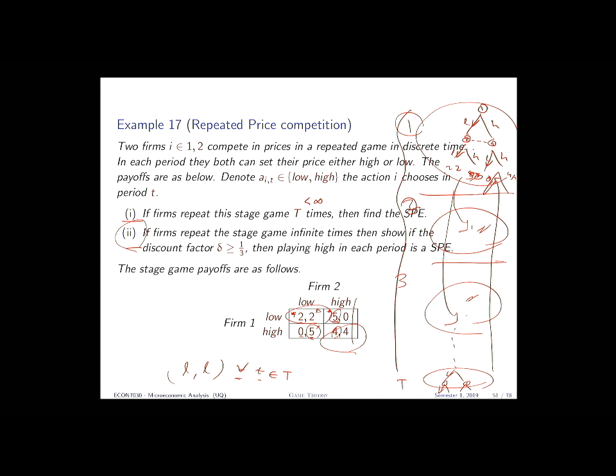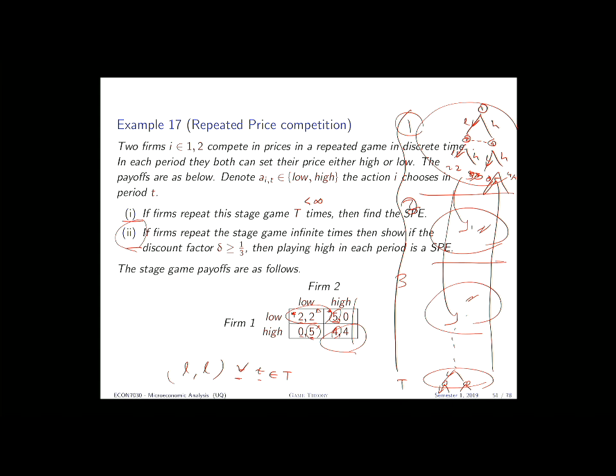Now, those firms that want to cheat in a trigger strategy say, okay, we'll get 5 for one period, but then we'll be punished for the rest of the periods, and the other firm will never trust us again. So we have to get 2 for the rest. Let's see if this deviation would give us a higher payoff than cooperating for the rest of the game. Of course, different discount rates would lead to different answers. If the discount rate is very high, then I would prefer to cheat right now, get 5, and forget about the 4s tomorrow, because tomorrow the value of a 4 is much lower.